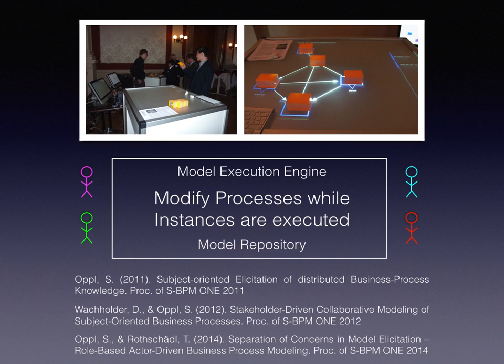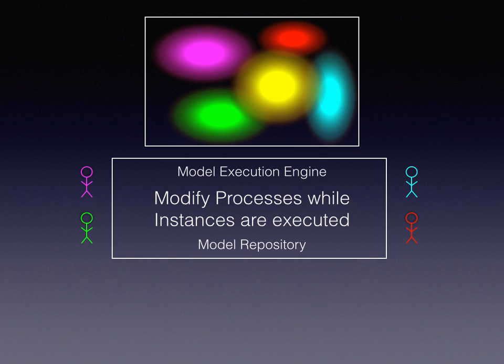If you want to have some background here, as this is some sort of wrap-up presentation, as Janus is coming to its end now after 4 years of a project, you might want to have a look at the publications we had at the earlier S-BPM conferences, which give a bit of a background of what we're doing in terms of S-BPM based modeling here.